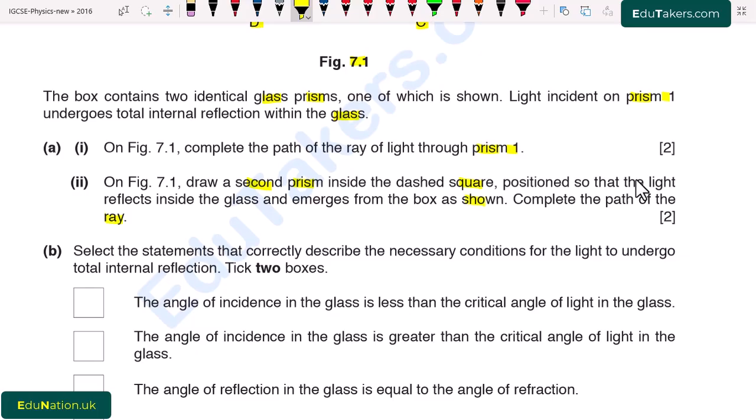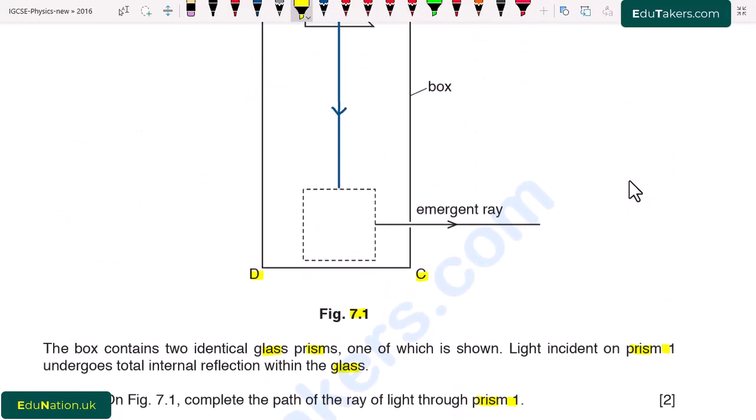So here, first of all, we have to draw the second prism inside this box that is shown by the dashed line, and then we have to complete the path of the ray that is incident on this.